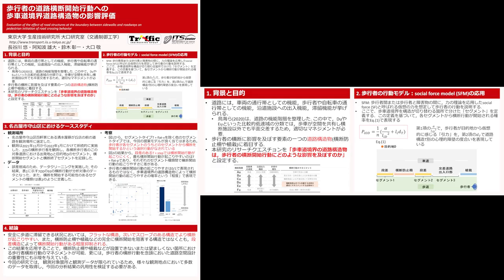And secondly, I would like to introduce the application of a pedestrian behavior model, which is called the social force model, SFM. SFM assumes a virtual force called social force, SF, that applies the theory of forces between pedestrians or between pedestrians and barriers. Here we define a segment as the place where the structure changes at the boundary of the pedestrian roads.